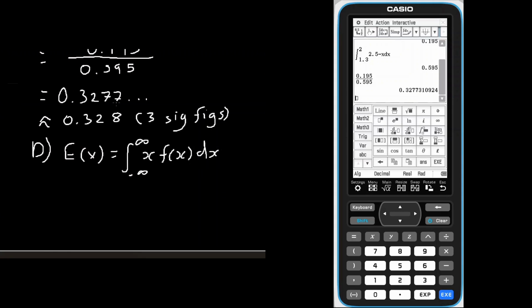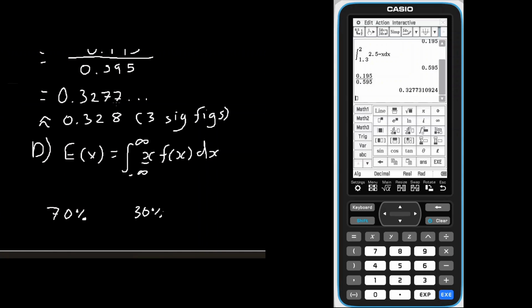And that basically means that, let's say you've got 2 tests that you do in the year. One test is worth 70% of your mark, and another test is worth 30%. That is like saying the x value.